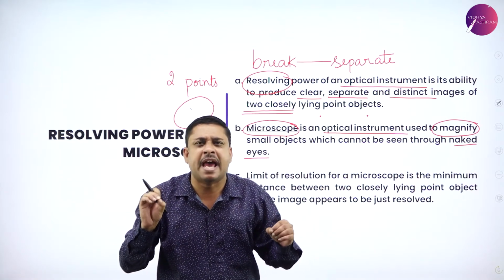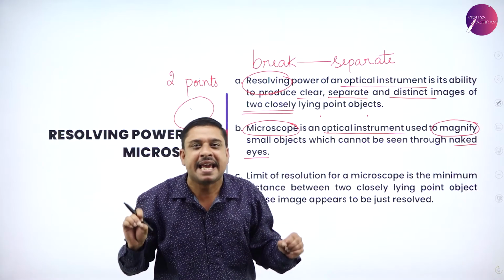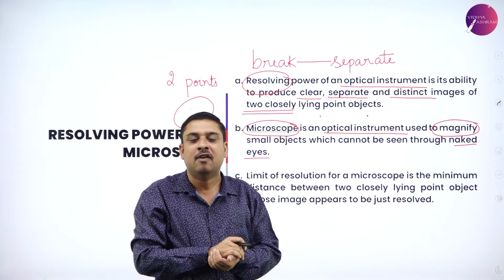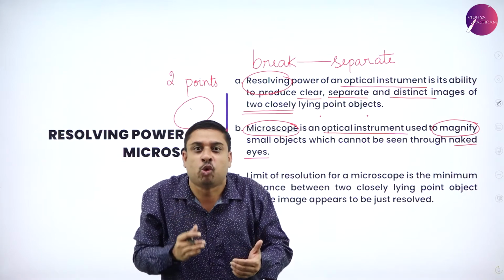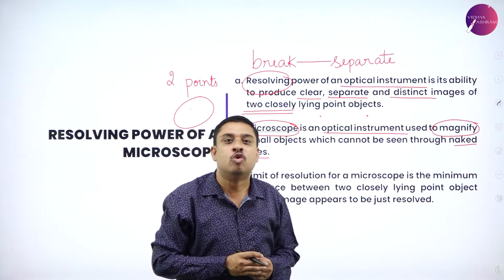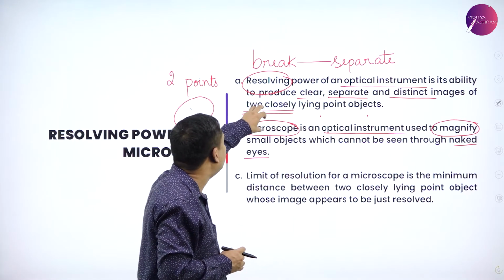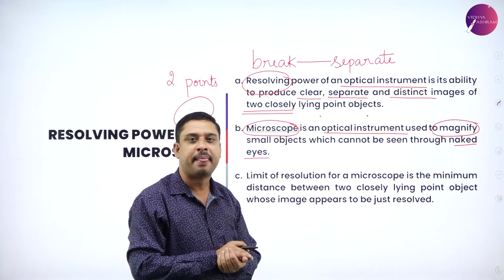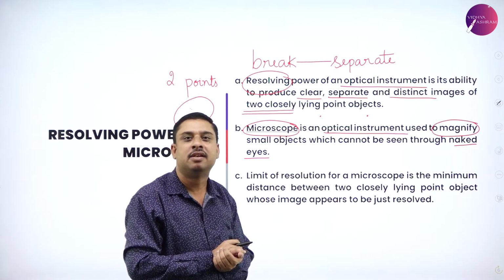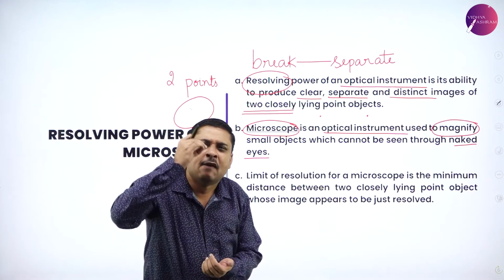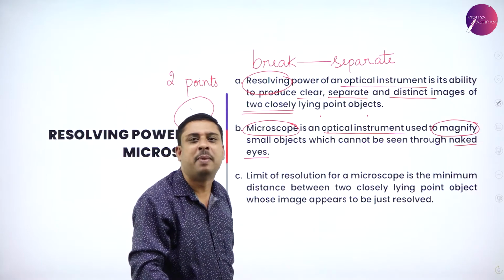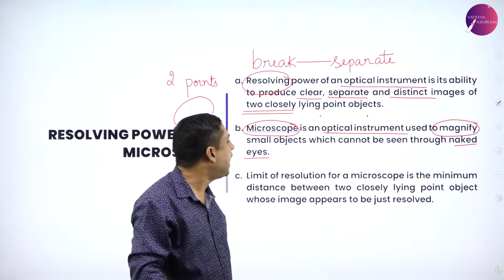Very, very small objects, in the magnitude of a virus or a bacteria, can be magnified using an optical instrument called a microscope.